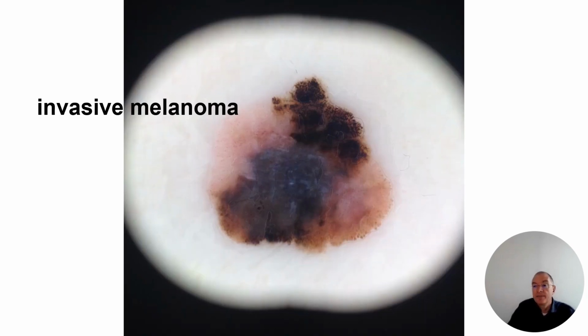And here in this melanoma, I like to demonstrate this because we have black, we have blue, we have gray, we have pink and white. And when we see more and more colors, we have an alarm sign, especially with pink and white, and we know something goes wrong, invasive melanoma.